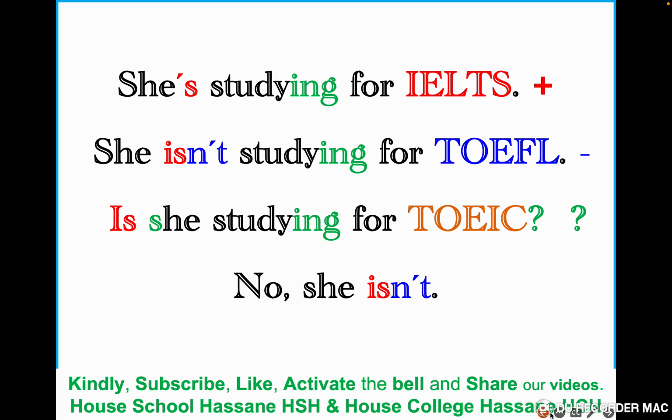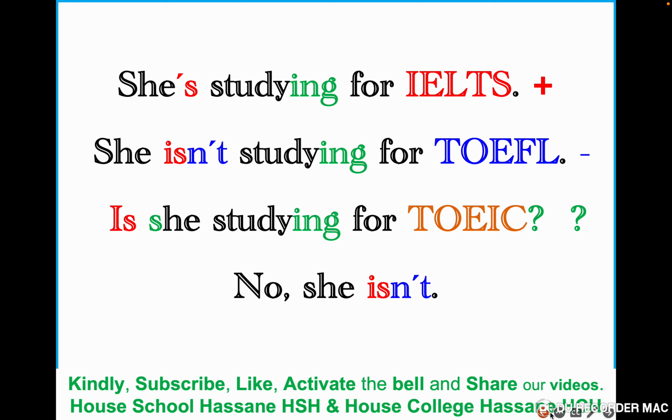So T means test, O means of, E means English, and F means as a foreign, it means of another country, language. I repeat, test of English as a foreign language.